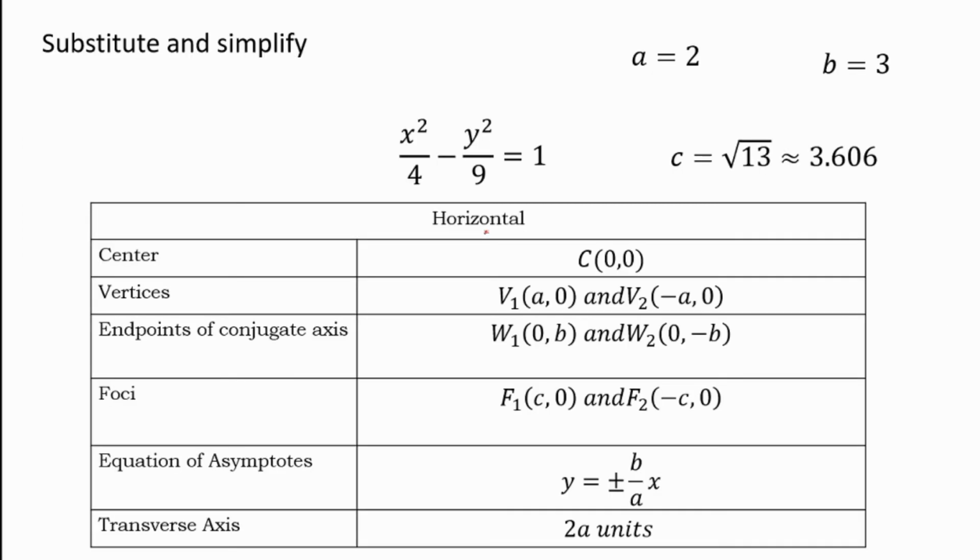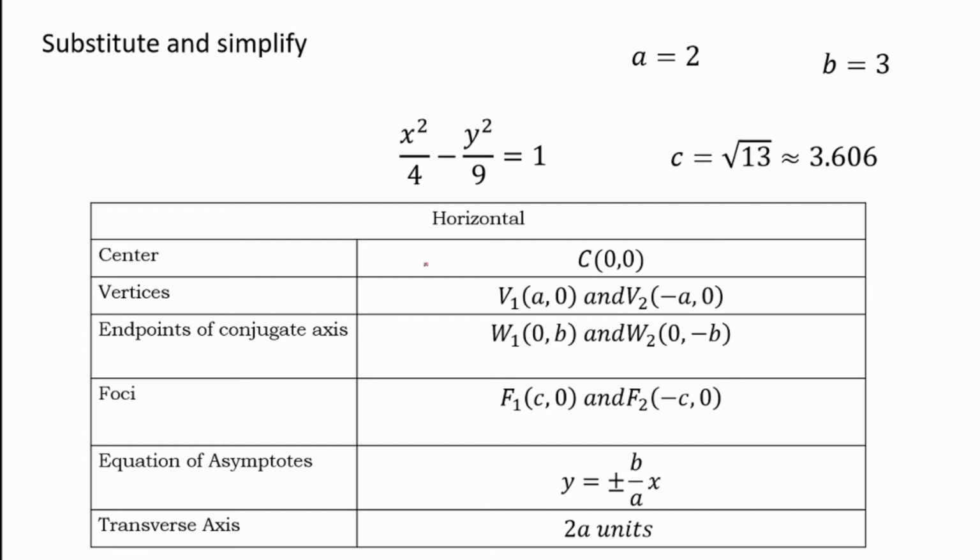Now, we can substitute and simplify since we have chosen our set of patterns, since our orientation is horizontal. We already identified that our A is 2, B is 3, C is equal to square root of 13 or approximately 3.606.